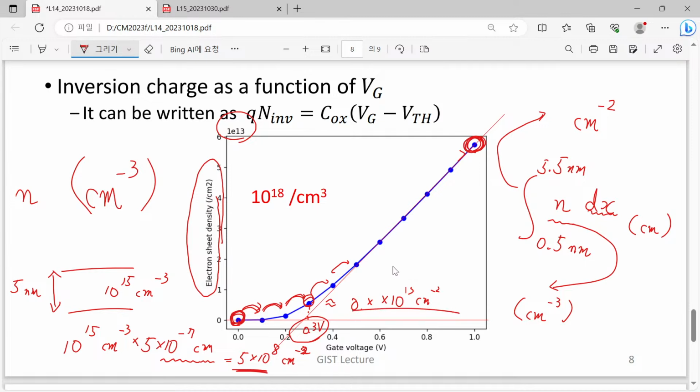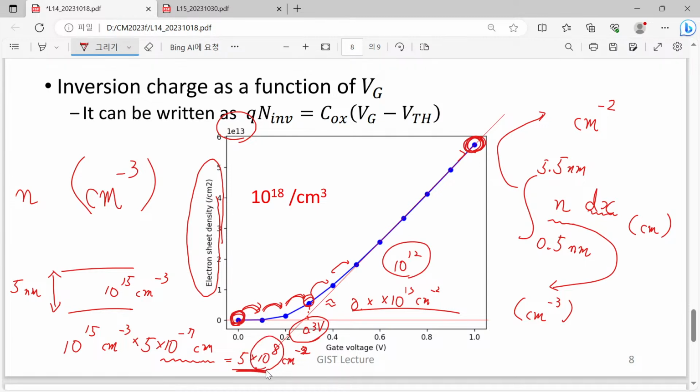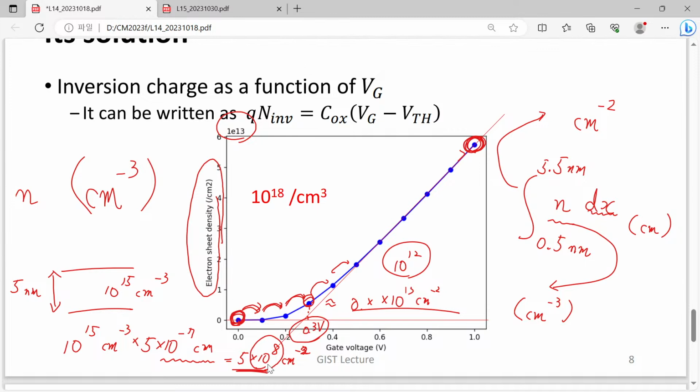Already it is on the order of 10 to the 12. So previously you had 10 to the 8, but now at 0.3 volt you have much larger values.